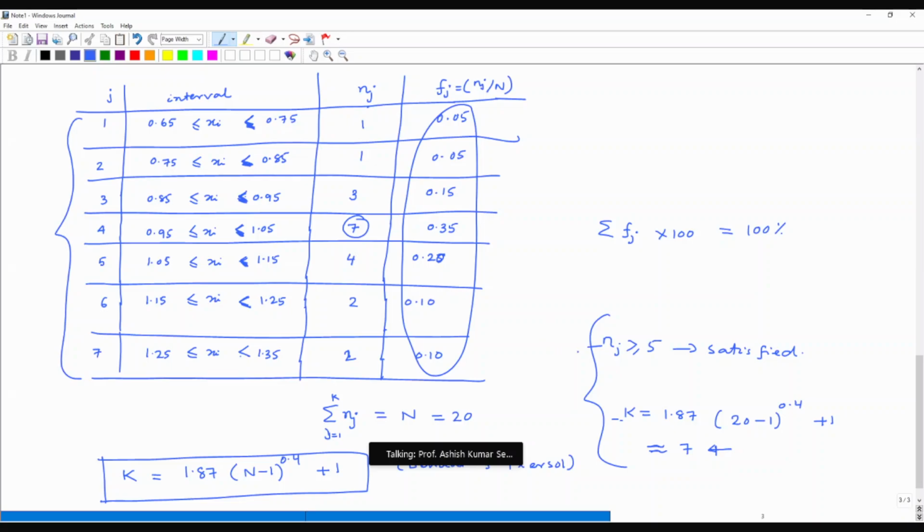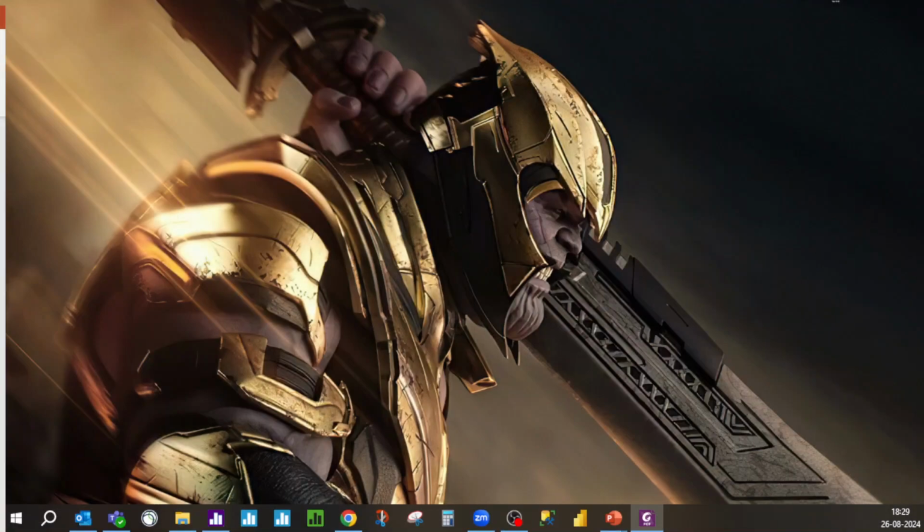Sir, what happens if one of the intervals is not greater than 5? So if you do not get the nj to be greater than 5, you can pick the number of intervals k to be less than this. That is fine.